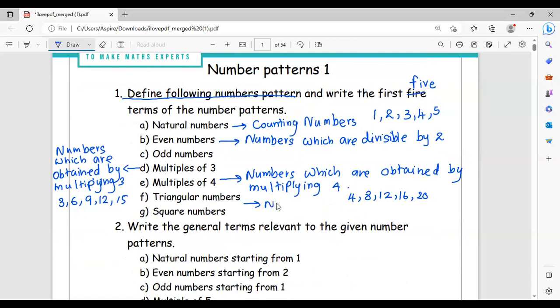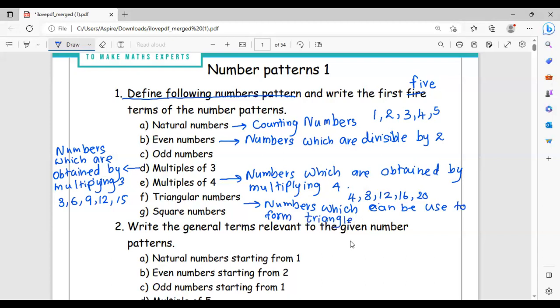Triangular numbers. Numbers which can be used to form triangles.